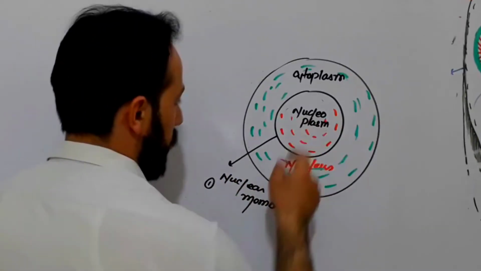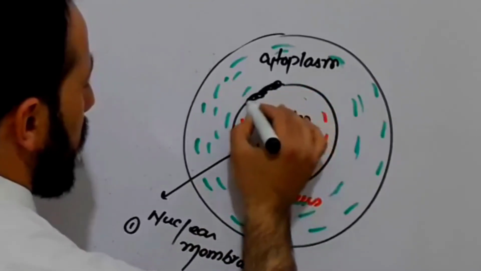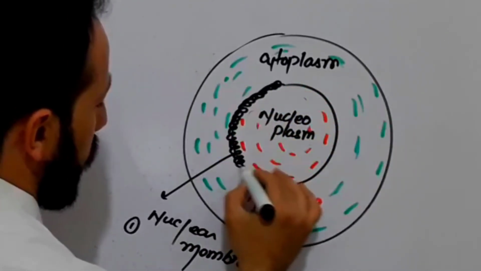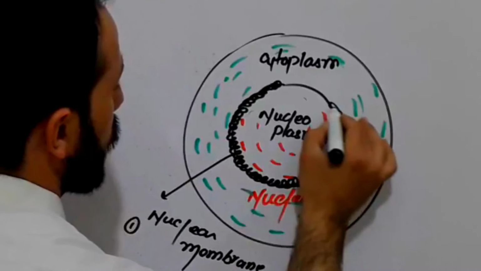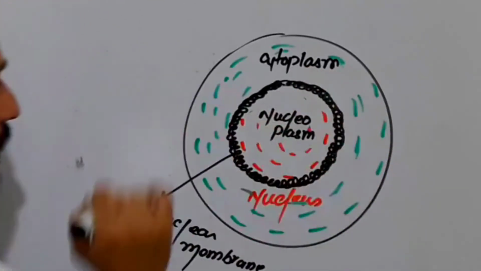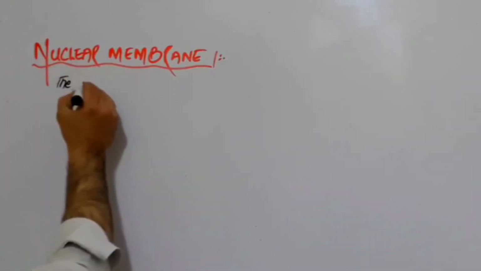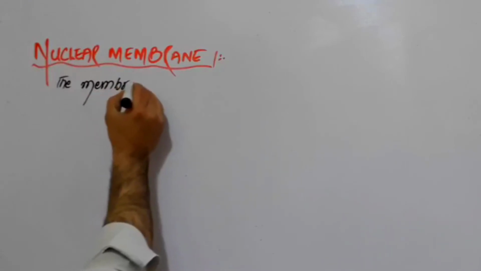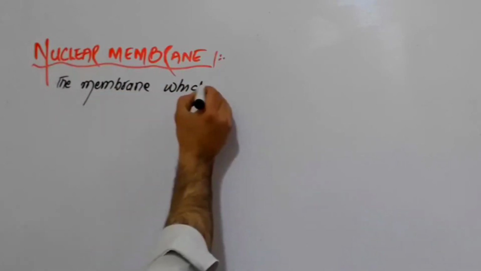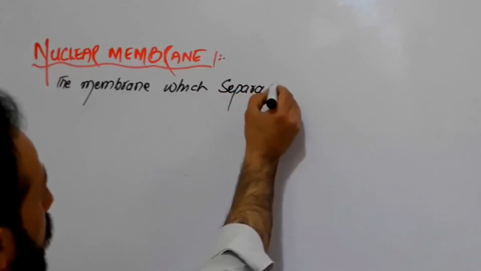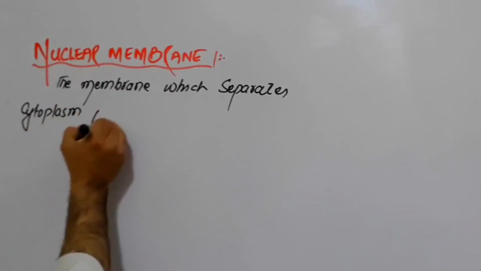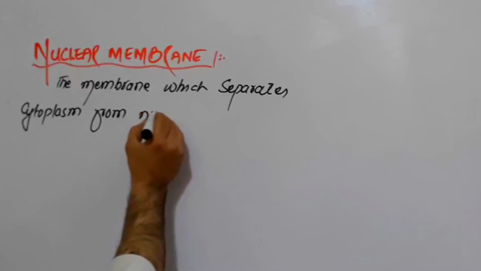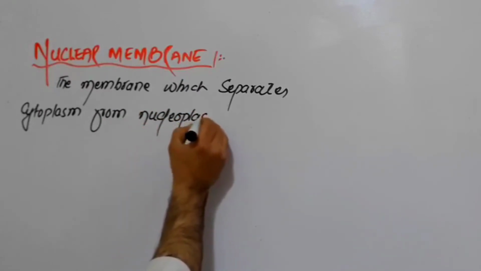So what is the nuclear membrane? This membrane is a boundary between the cytoplasm and the nucleoplasm. So this is the definition: the nuclear membrane is the membrane which separates the cytoplasm from the nucleoplasm.